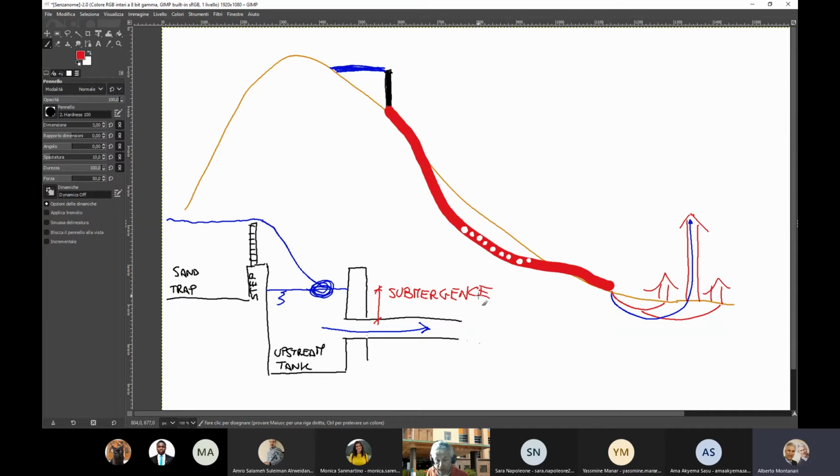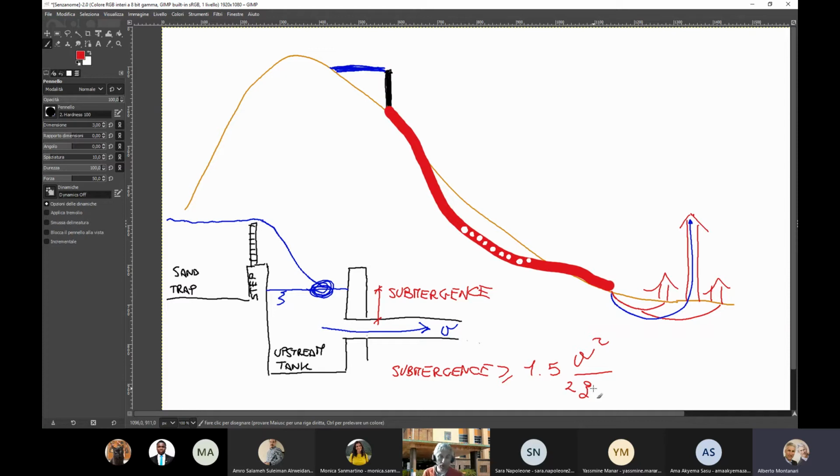And what is the value of this submergence? Let's suppose that the flow in the pipe goes with velocity v. The submergence should be greater than or equal to, should be at least, 1.5 times the kinetic energy of the pipe flow, which is V squared divided by 2g.